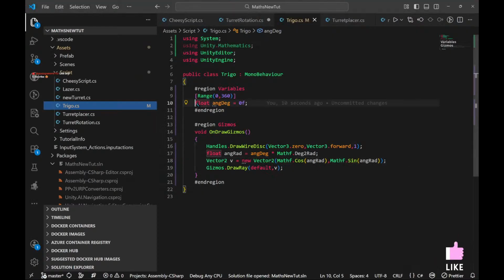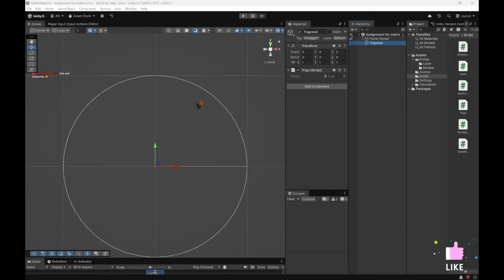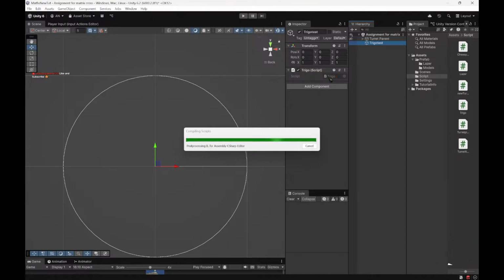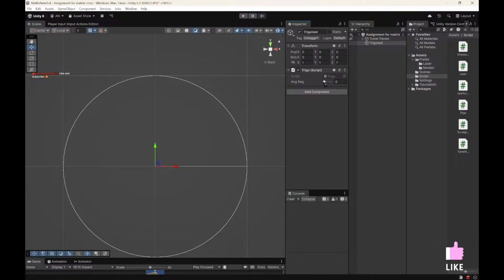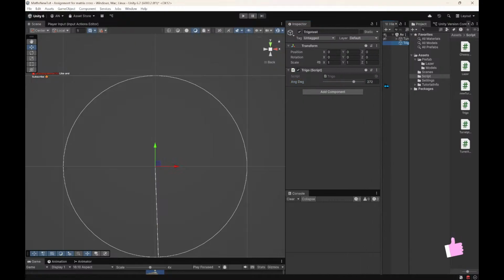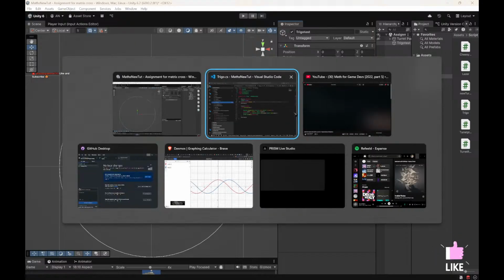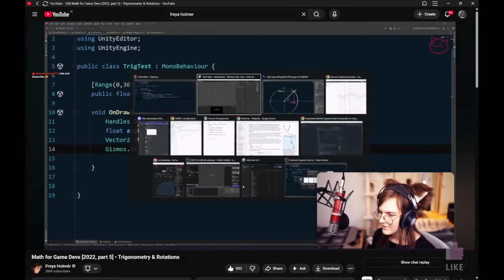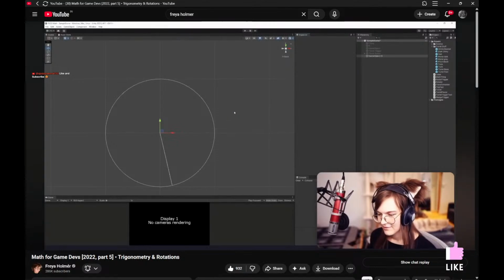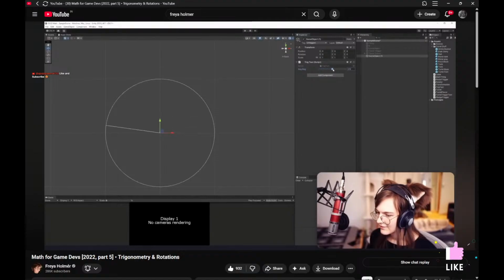And now we have a beautiful little angular thing.